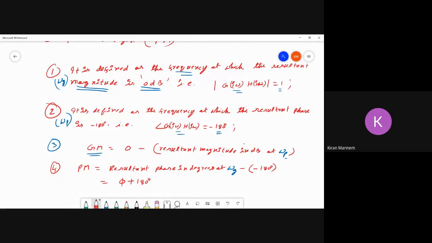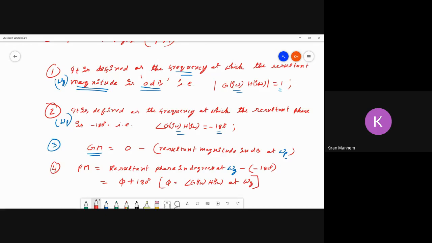Okay. So what is this phi? I'll write it here. What is phi here? Phi is equal to the phase angle of G of j omega into H of j omega at omega g.